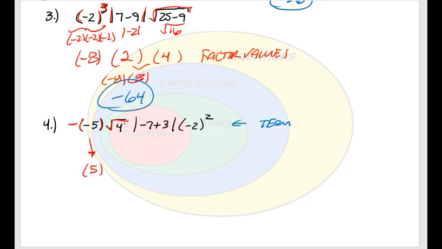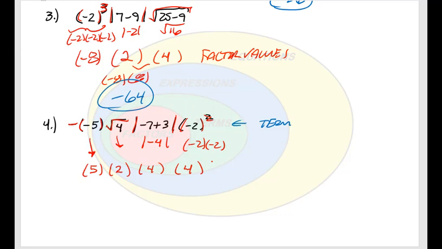The square root of 4 is the next factor. The factor value would be 2 if I take the square root of that. The absolute value is signifying another factor. So this is the absolute value of negative 4. So the value of that factor is positive 4. And then finally I have parentheses squared. So negative 2 squared is negative 2 times negative 2. So the value of that factor is 4.